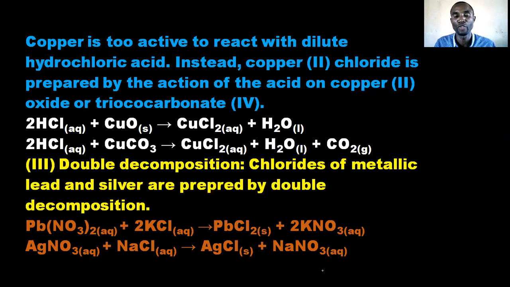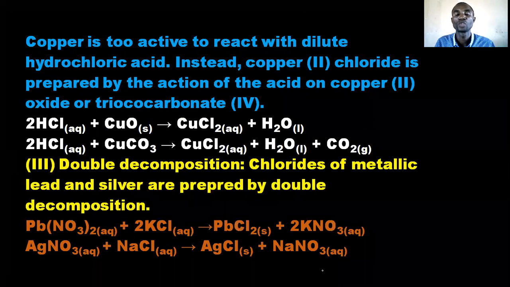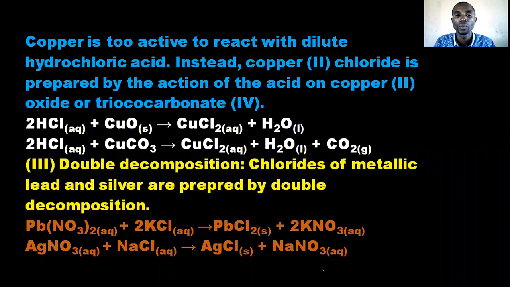The next thing we need to understand is that copper is too reactive, too active, to react with dilute hydrochloric acid. So instead of that, copper(II) chloride is prepared by the action of acid on copper(II) oxide or trioxocarbonate(IV).